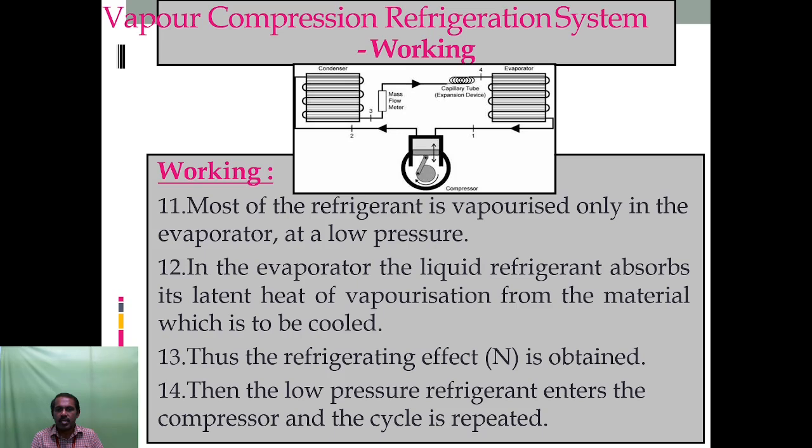In the evaporator, the liquid refrigerant absorbs its latent heat of evaporation from the material which is to be cooled. Thus a refrigerating effect is obtained. Then the low pressure refrigerant enters the compressor and the cycle is repeated.